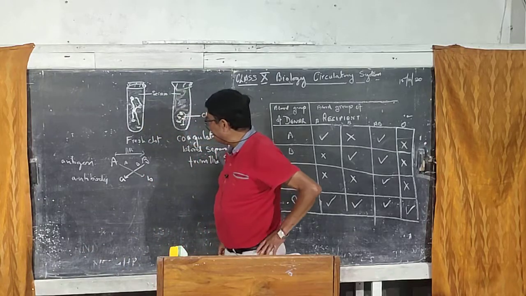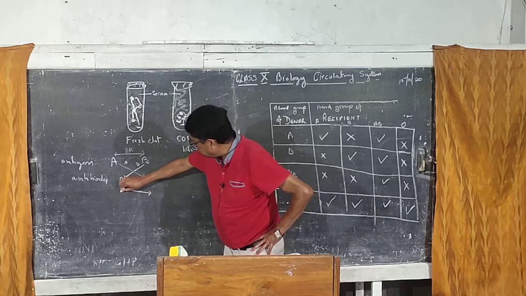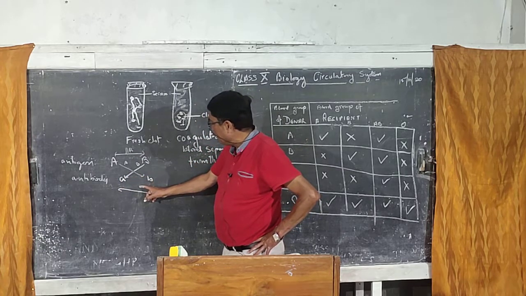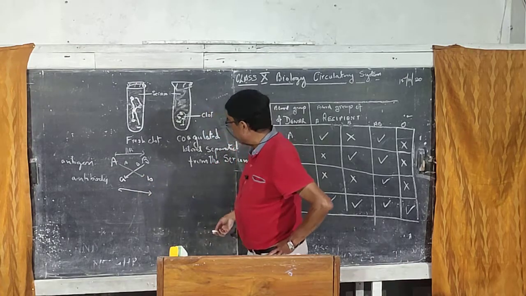And if a blood has both the antibodies but no antigen, that blood group is O.